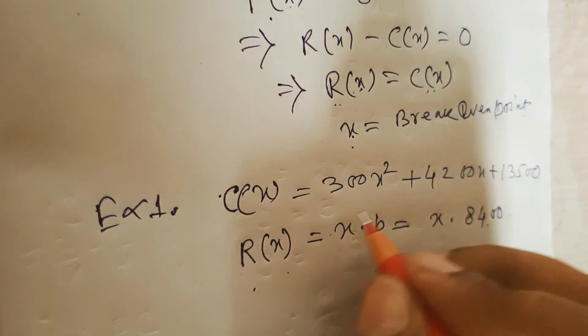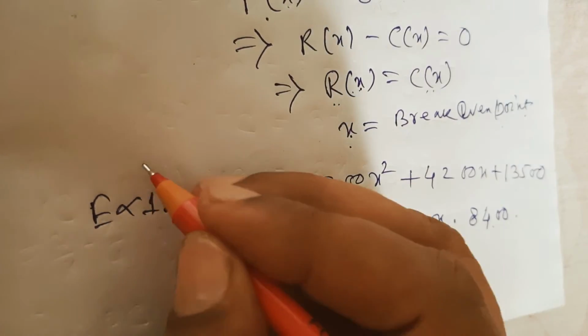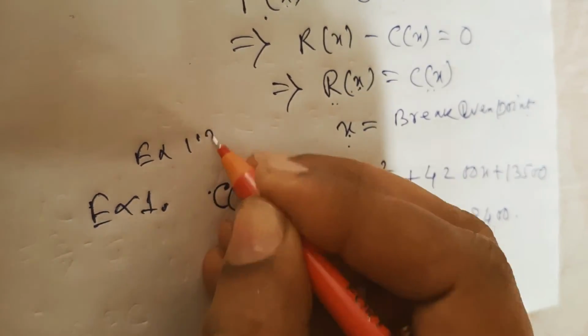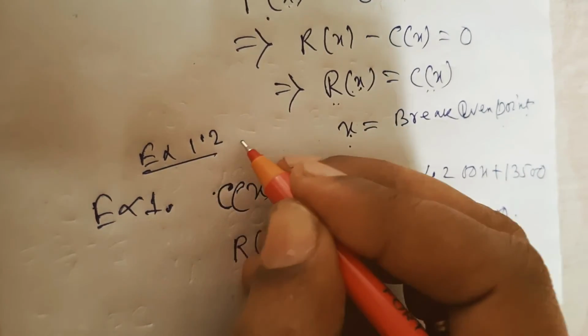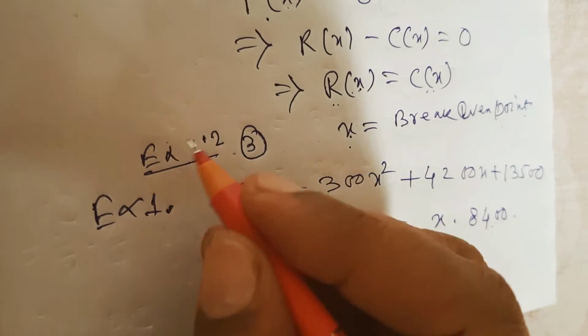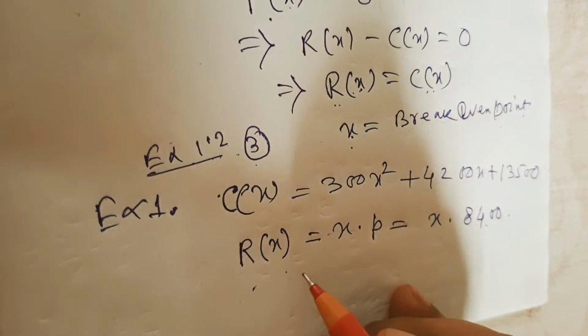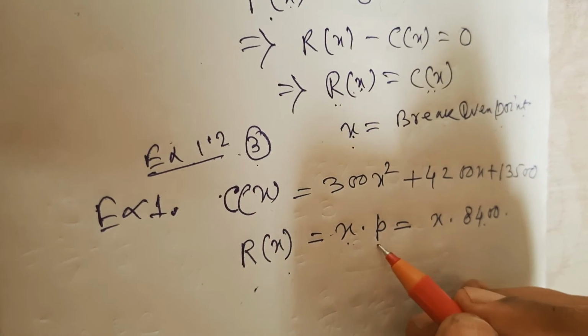Now what is the cost function? The cost function is given. This sum is ML Agarwal book, Exercise 1.2, sum number 3. Revenue function is equal to x into p.